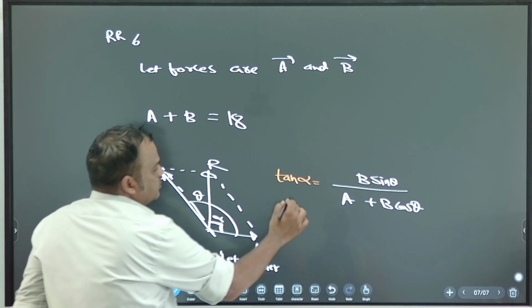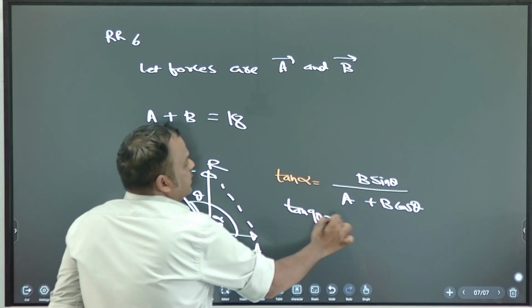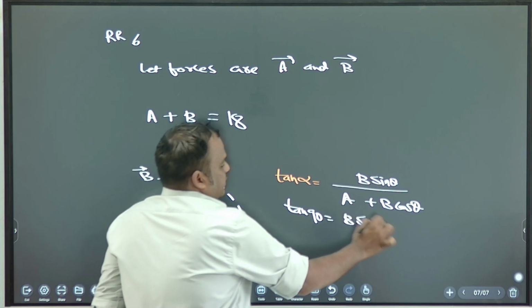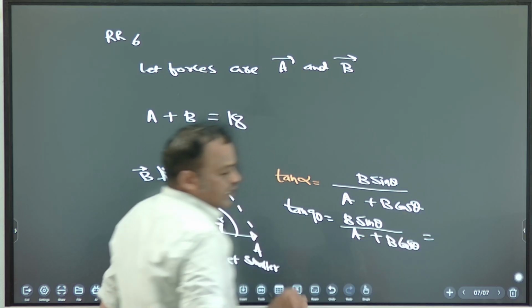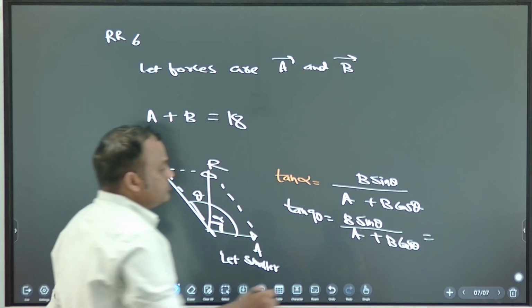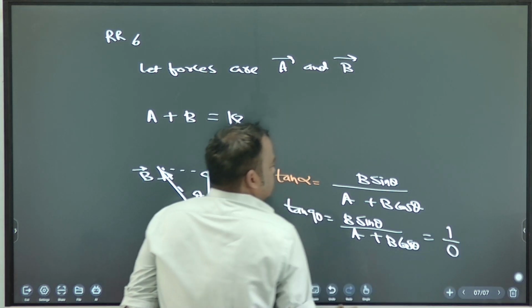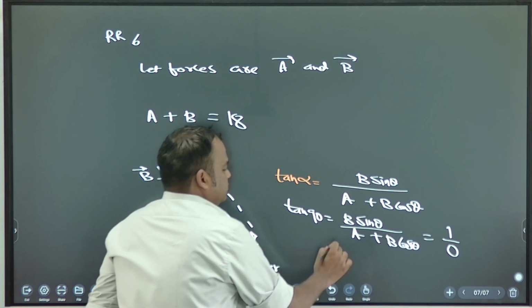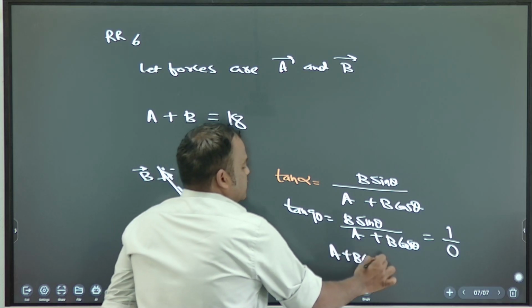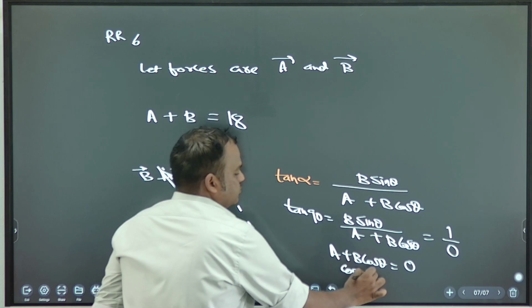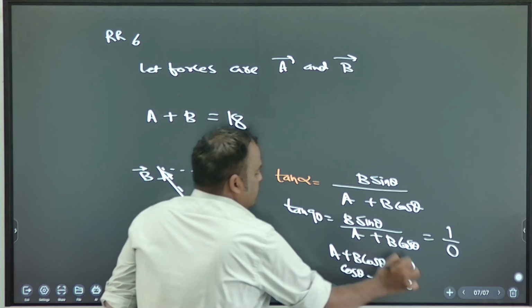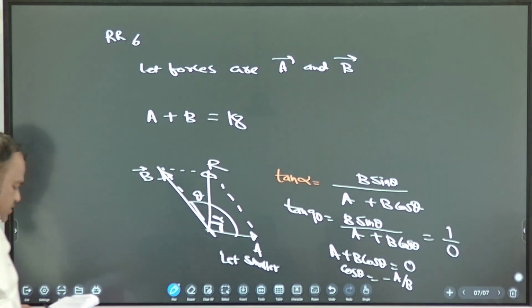So tan 90 is B sin theta by A plus B cos theta. Now, what is the value of tan 90? 1 by 0. So cross multiply. So A plus B cos theta is 0. So what is cos theta? Minus A by B. Cos theta is minus A by B.